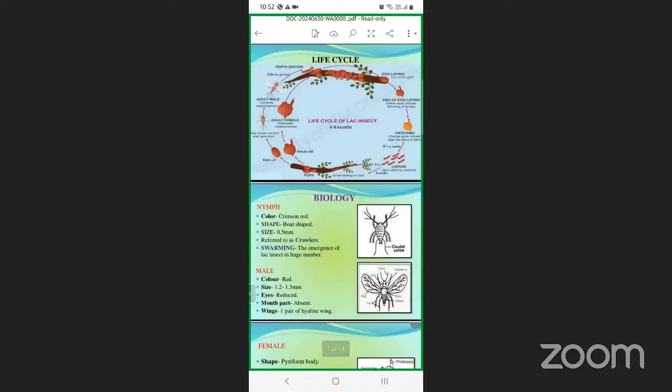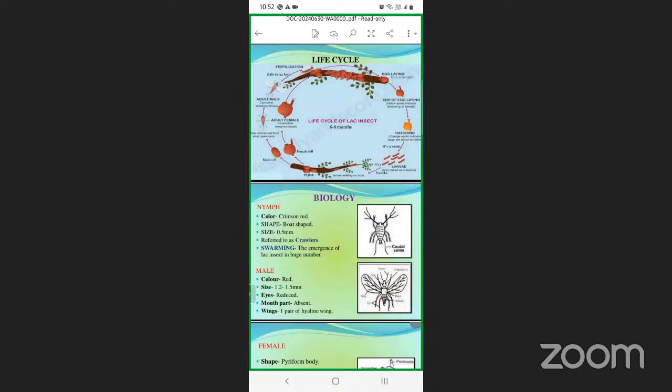So this is the total life cycle of the lac insect, where we see the nymphs, called crawlers, and after that settlers. They have a crimson-colored body, boat-shaped, about 0.5 millimeters in size.